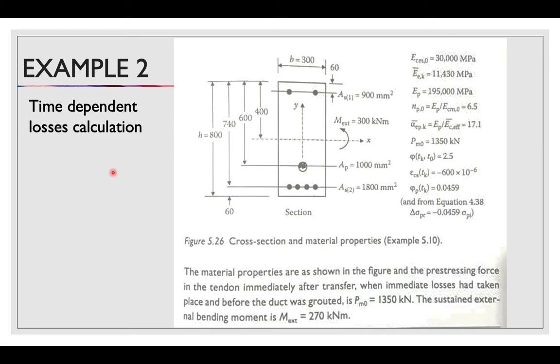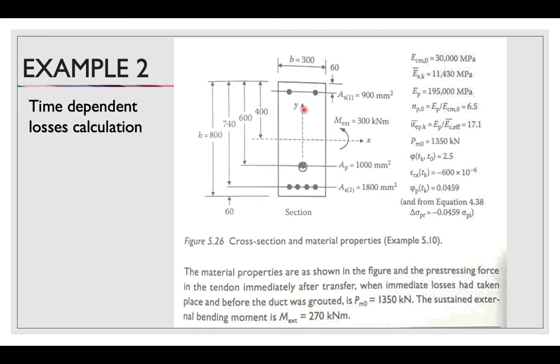We look into one example using the simplified equation that is given in the Eurocode 2. This is the equation that combines steel relaxation, as well as creep and shrinkage. So we have one equation that will cover all the types of time dependent losses.